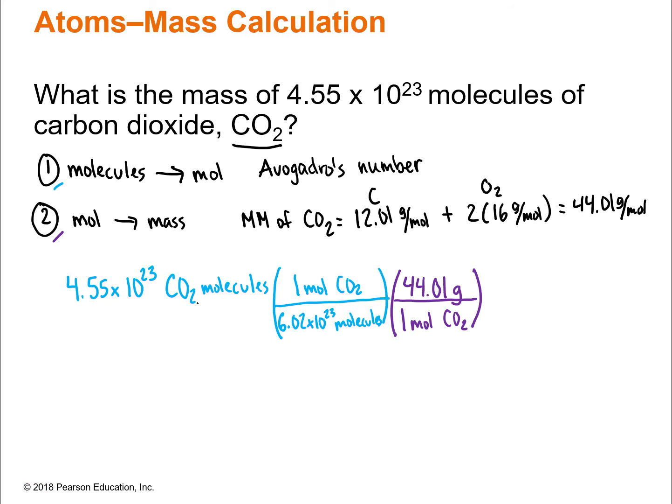So in the first part, you're converting those molecules to moles. The second part, you're converting the moles to grams. And with sig figs, you should get 33.3 grams of carbon dioxide. Questions on that? All right.